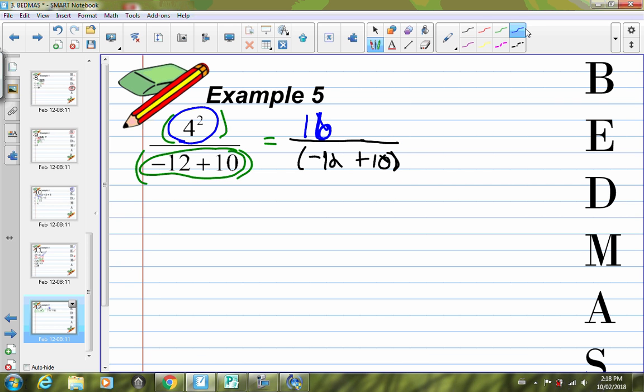Now I'm going to take care of the bottom. So I'm still going to write 16 divided by, when I do the bottom here, -12 plus 10 gives me -2. Well, no, it's just a straight division question. 16 divided by -2 gives me -8.